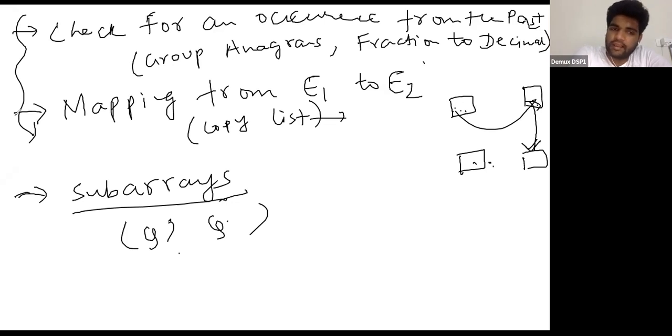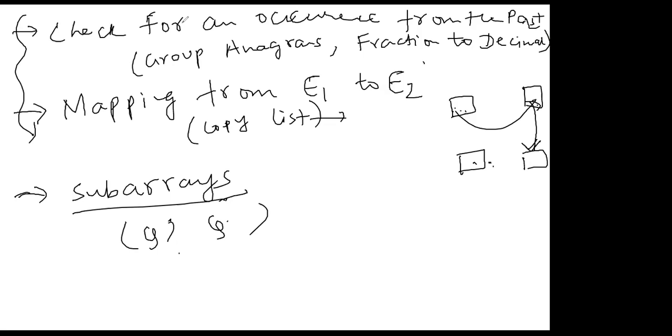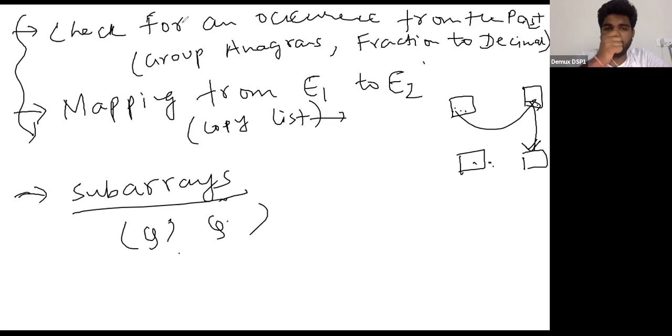So what about the brick wall question? What was the pattern in that brick wall question? Can you abstract that? Here also, check for occurrence. Okay, what was the occurrence?